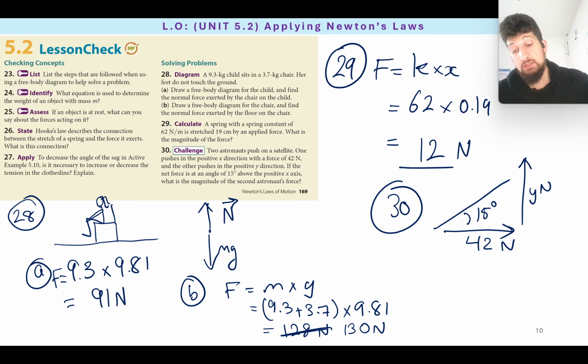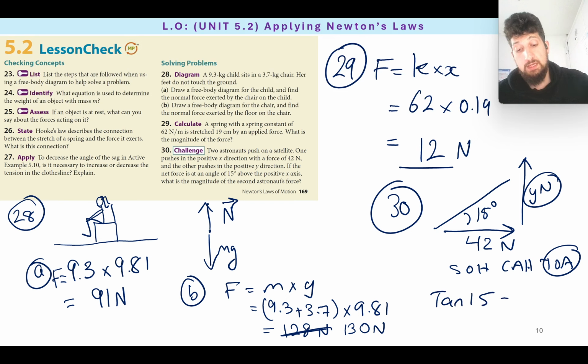Easy. SOH CAH TOA for that one. They've given us the angle. That's opposite over adjacent, so I'm going to use tan. Tan 15 equals Y newtons, opposite, over 42.